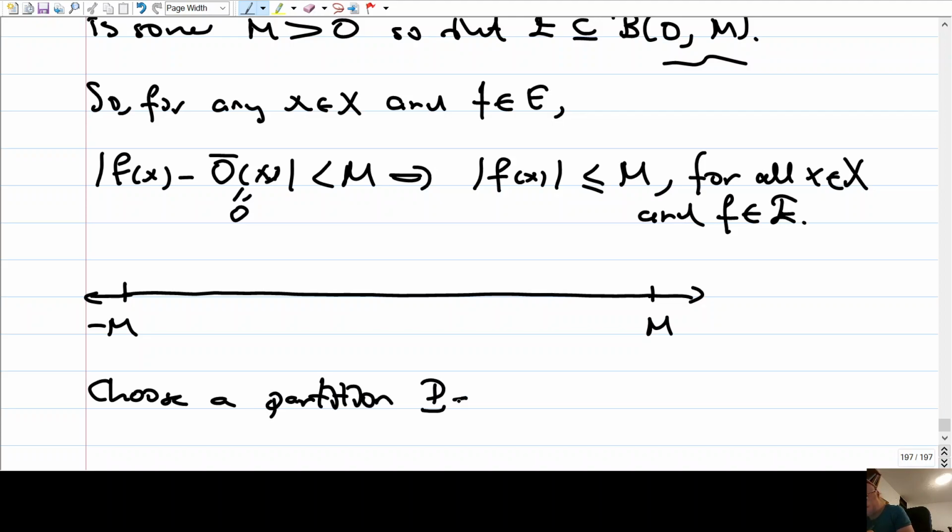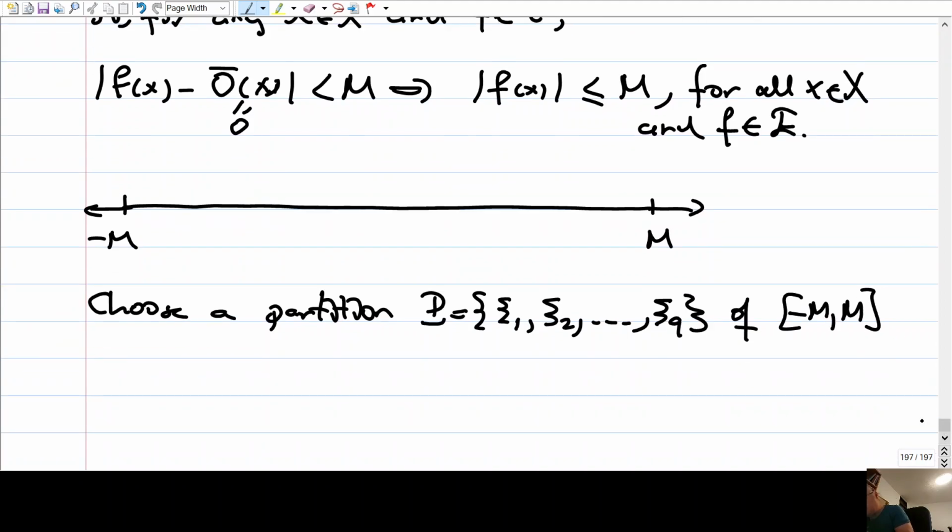Let me say P, C1, C2 up to CQ of this interval. Okay, I should start from 0 maybe. Yeah, so that we have this.